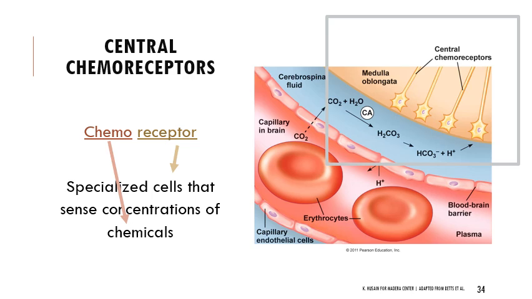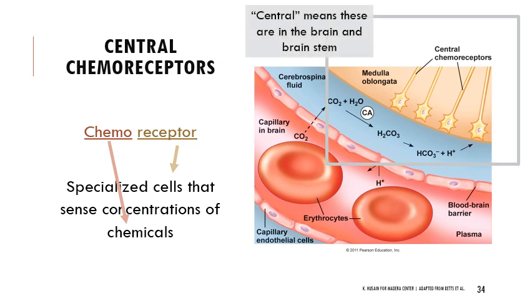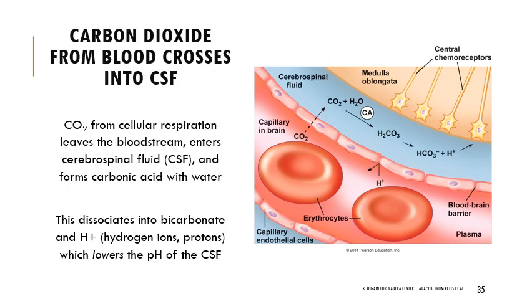If we focus on these central chemoreceptors, that word central should tell you that these are in the brain and the brainstem. They're part of the central nervous system. And we see carbon dioxide being moved from the blood into the cerebrospinal fluid, or CSF. Here it's crossing the blood-brain barrier.